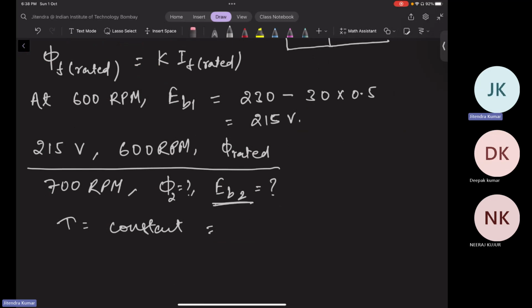then it means K phi 2 into IA2 will be equal to K phi 1 into IA1. IA1 was given 30 amps, right? Now what will be IA2?